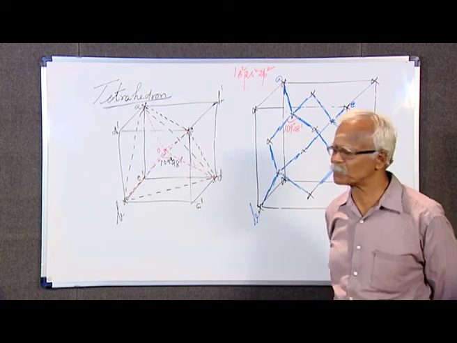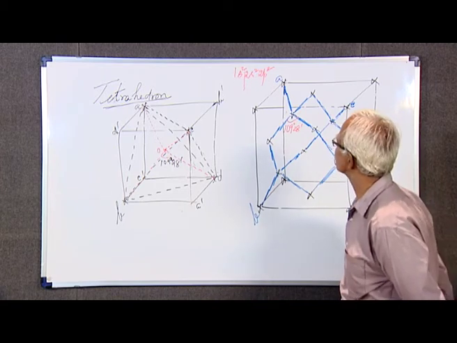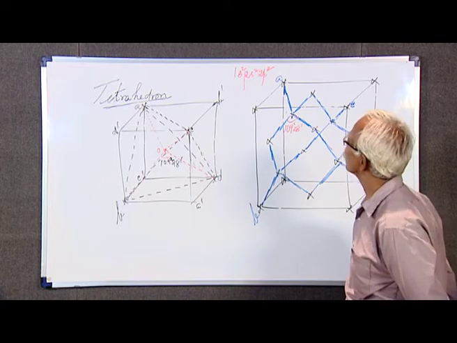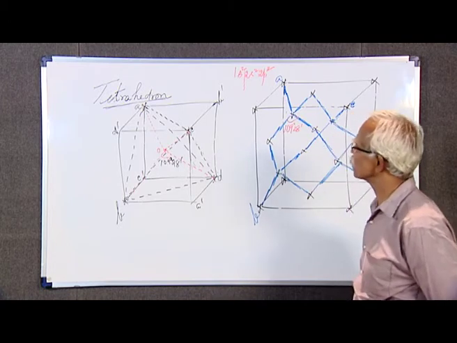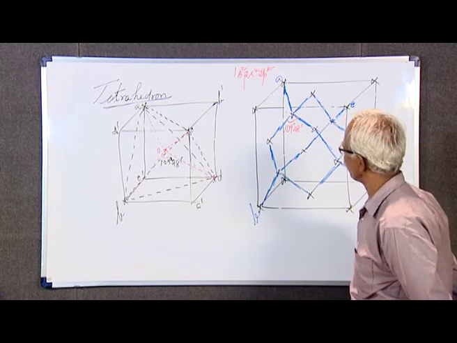So, the hardness of diamond has very much to do with this alliance between the tetrahedron and the cube. That is what I want to convey.